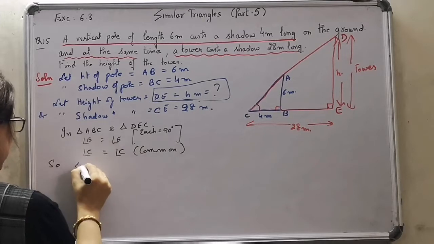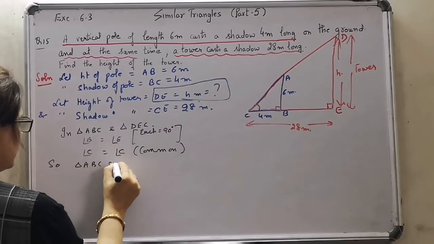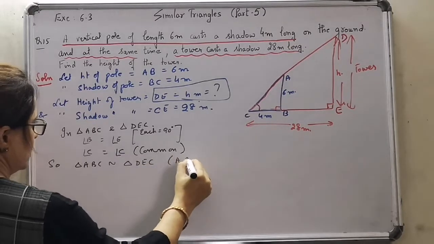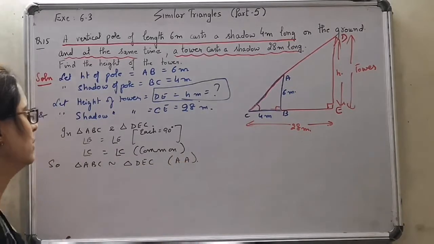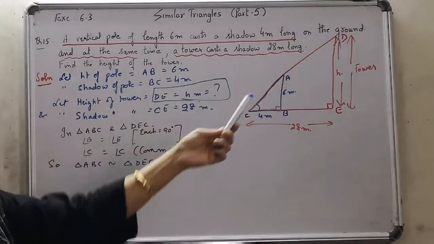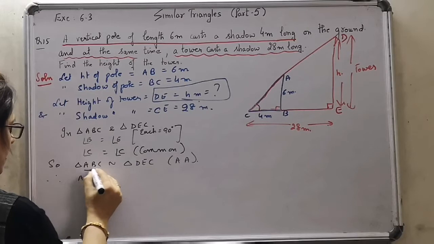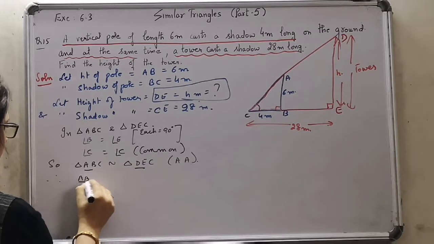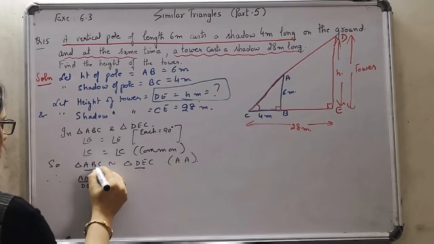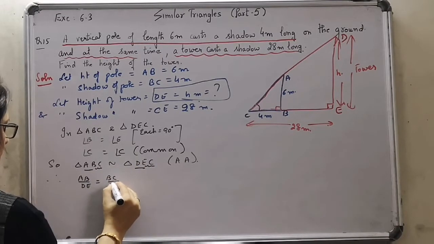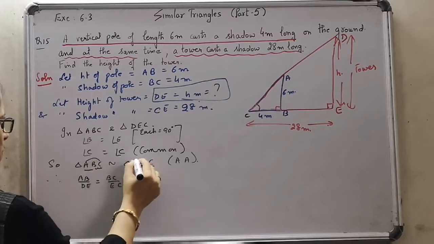So, triangle ABC is similar to triangle DEC by angle similarity criterion. Since the triangles are similar, therefore AB upon DE is equal to BC upon EC is equal to AC upon DC.